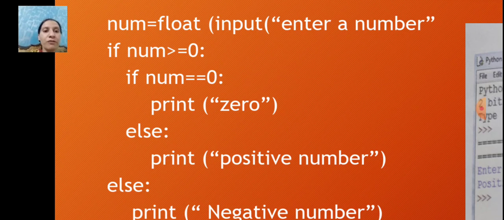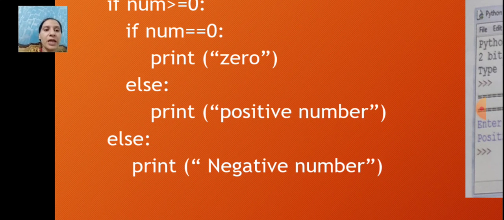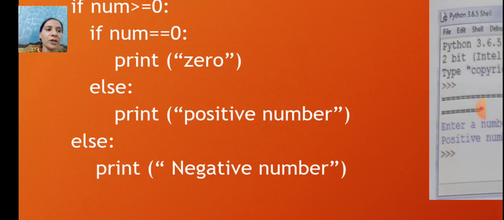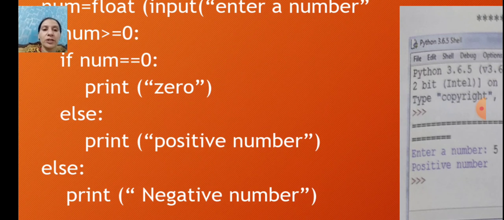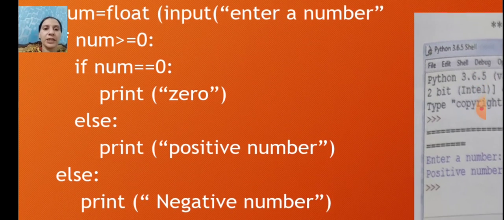Then we come out of this else statement also. Here again one more else, print negative number. It doesn't execute this statement, else print negative number. This statement will not be executed because our first condition is true, the number is greater than or equal to 0.